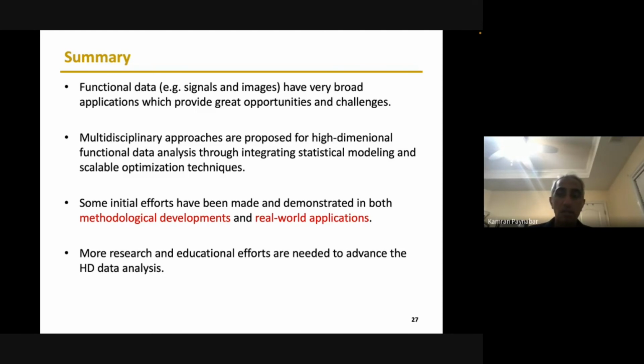In this application, the criterion was not only finding the background or mean of the system, or the functional mean, but also identifying anomalous features, some non-smooth features in your function. We try to balance between exploration and exploitation by introducing some optimization and also integrating it with statistical modeling for defect detection.